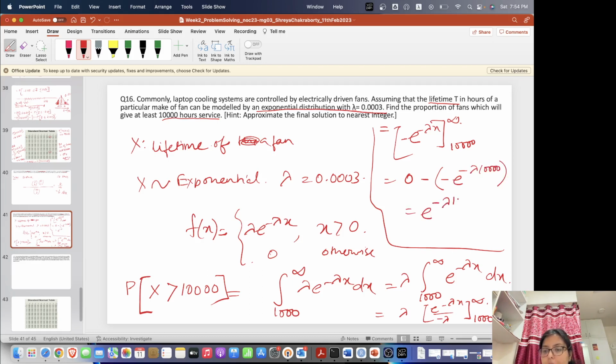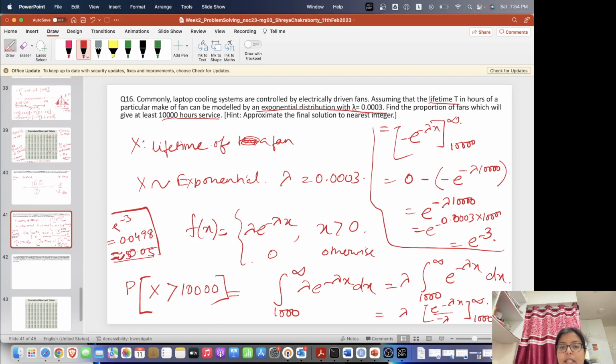Now lambda is 0.0003, so if we put minus 0.0003 into 10,000, we'll get e to the power minus 3. e to the power minus 3 is something around 0.0498, so approximately 0.05.